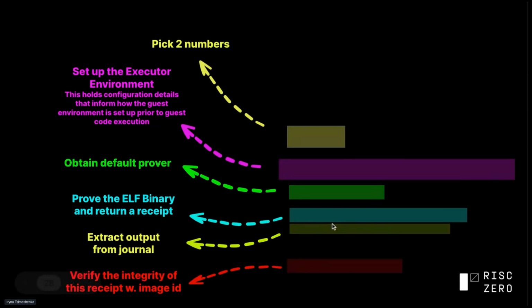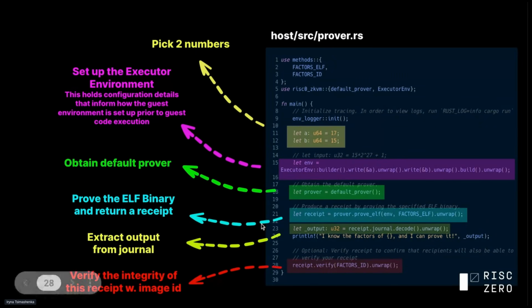And then on the host side, on the prover, you pick two random numbers, then you set up the execute environment, and this execute environment holds configuration details that inform how the guest environment is set up per the guest code execution. So this is where you also send your input data for the program.